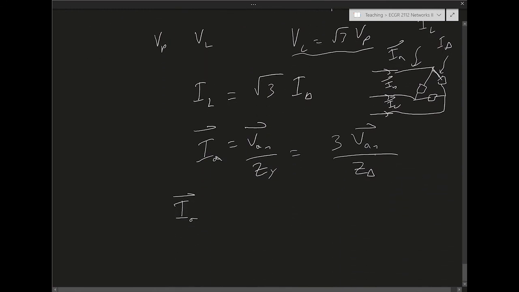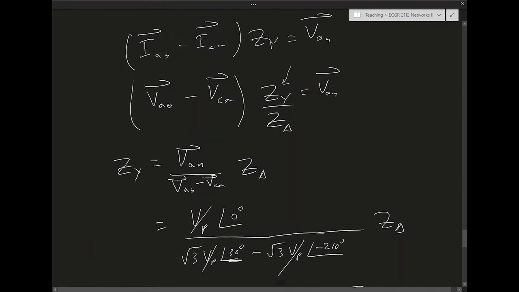I'm just interested in the magnitude, by the way. So the magnitude of IA is IL, so IL is 3 times the magnitude of VAN, which is just V phase, over the magnitude of Z delta. But what is Z delta?